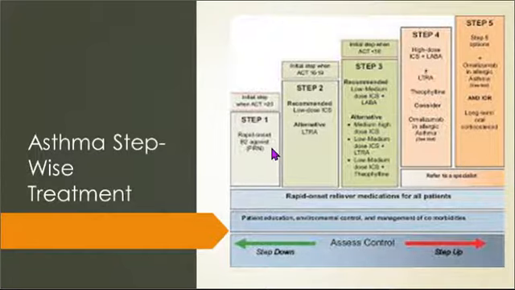So here's the person at step one, when they're only using the rapid acting albuterol when they need it. And then they have a long acting. They may be on a low dose corticosteroid, such as prednisone for a burst or something. Here, they may be on a leukotriene. I don't see it here. Did I not give you leukotriene? No. Montelukast.